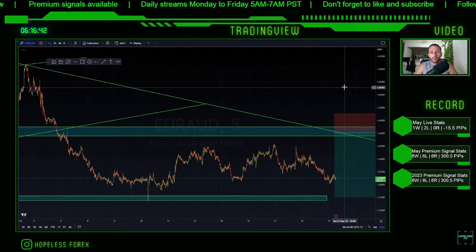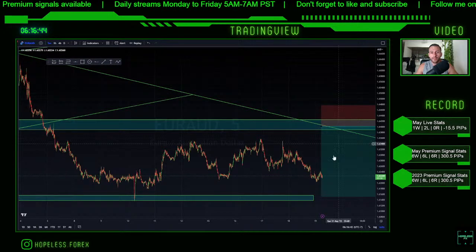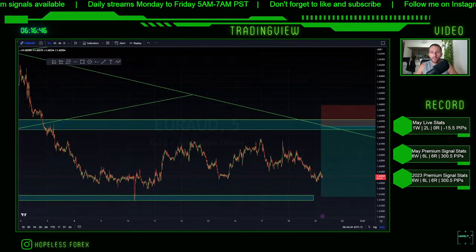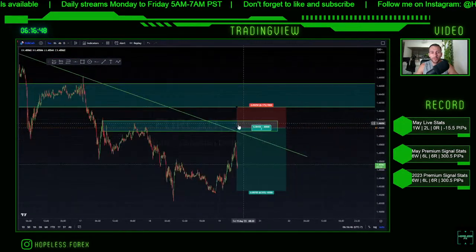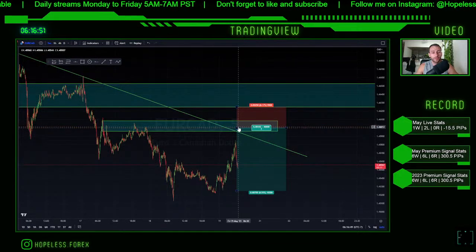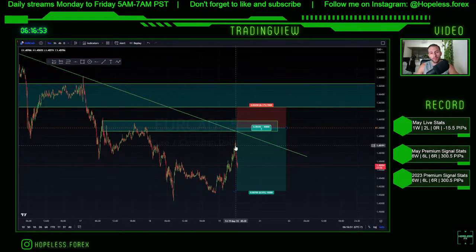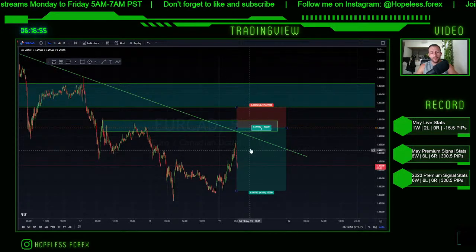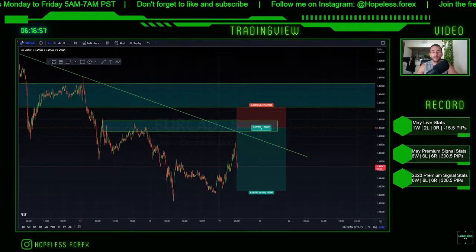Quick recap. We are hoping to get into this EURAUD sell on the longer time frame, this EURCAD sell on the shorter time frame, a bit more of a scalp, but looks like price is already rejecting at this level, so I'm not really expecting price to come up here.